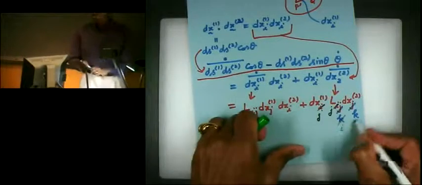Is it okay? These are dummy indices. You can write anything, any letter you like. Now, I go back and change this to i. Pierce doesn't like it.